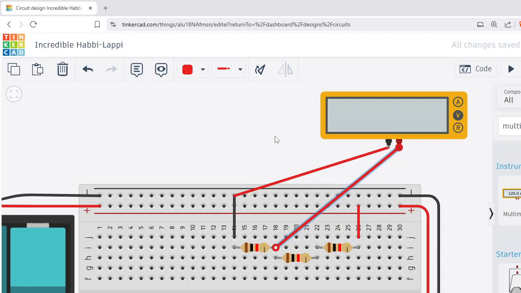How is it going to be divided? This is going to be 1/3 of the voltage. Let us change its color so that we know this is negative. Now if I start the simulation, what is the voltage going to show here?